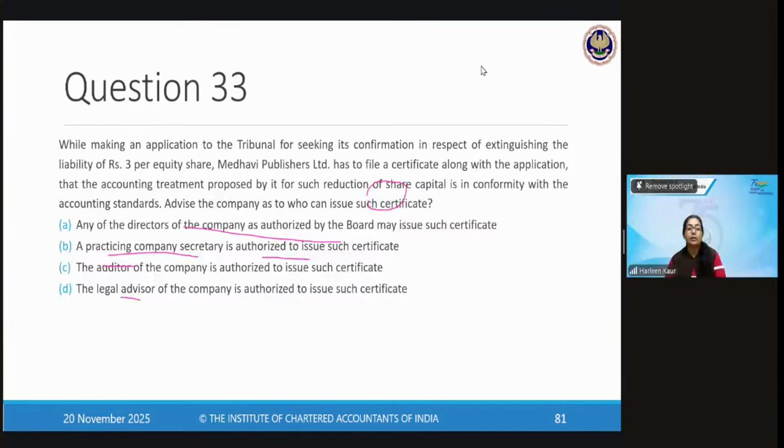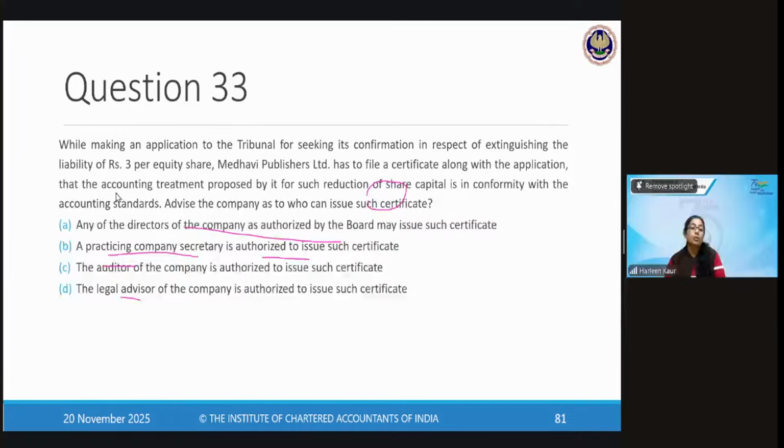Who will issue this certificate along with the application that the accounting treatment proposed for the reduction is in conformity? Yes, 1 year was the validity of SR. That's correct, Ram. Yes, children.